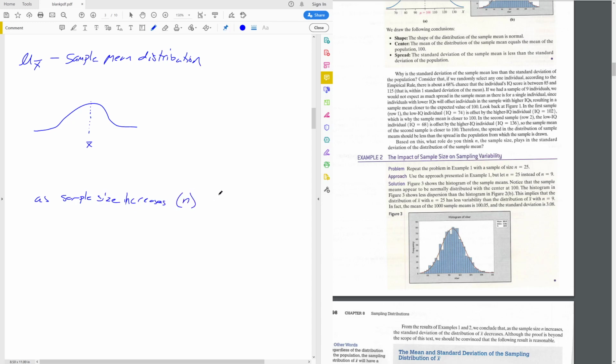So as n increases, the sample distribution, the sample mean, gets closer and closer to the population mean, right? We get closer and closer to that actual value, the one that we're looking for. So that's the central limit theorem.